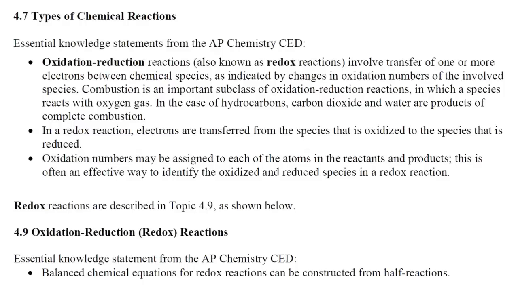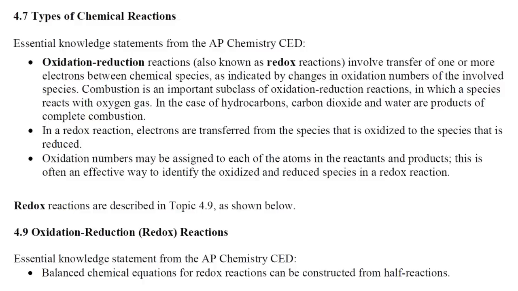So here you can see on this slide, topic 4.7, types of chemical reactions, includes oxidation-reduction reactions, also known as redox reactions. And it involves electron transfer as indicated by changes in oxidation numbers. Also, topic 4.9, oxidation, reduction, or redox reactions, involves balancing chemical equations from half reactions.